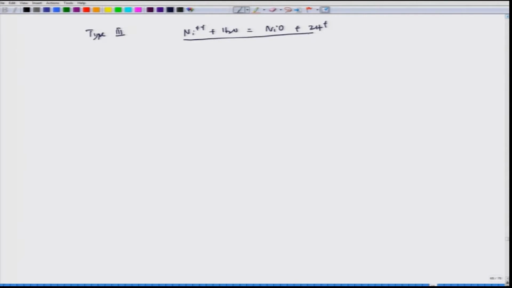Now, from this reaction we see that there is no involvement of electron. So, as per this triangle, we see only this region we can work with. If we work with that particular region, then we can find out the K value.